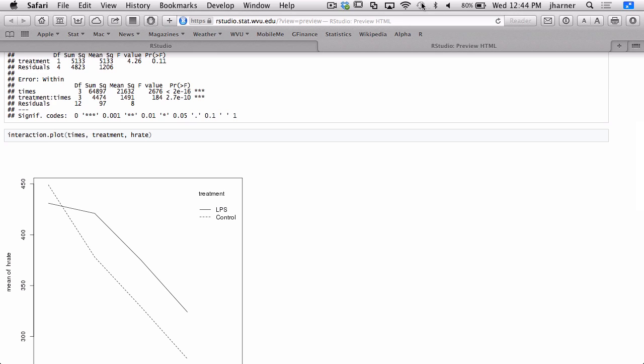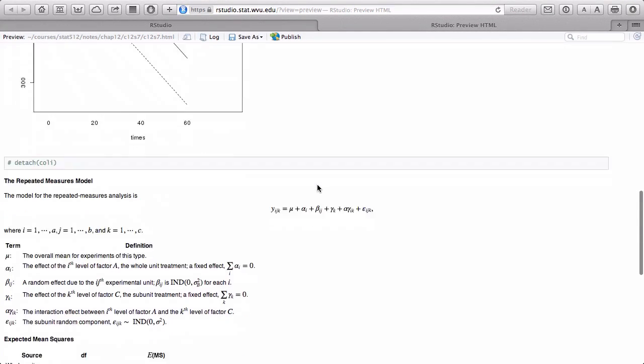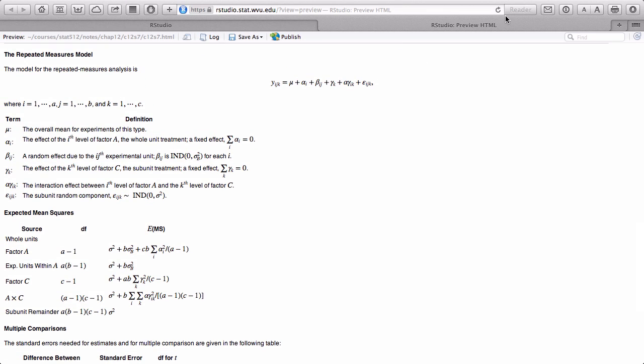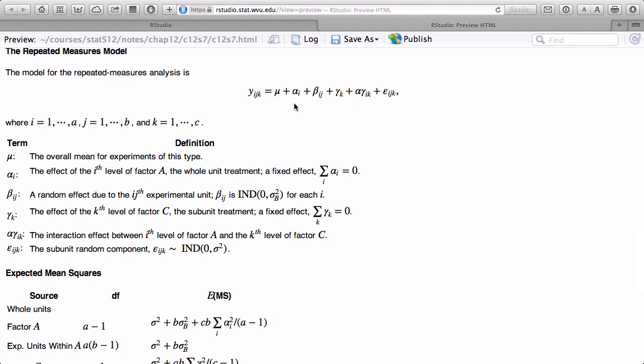Well, let's see. Yeah. I'll spend a little bit more time on that. I just wanted to show you. Let me just mention that here's the model. It's mu plus alpha sub i plus beta sub ij. This beta sub ij is the error term for the whole plot.